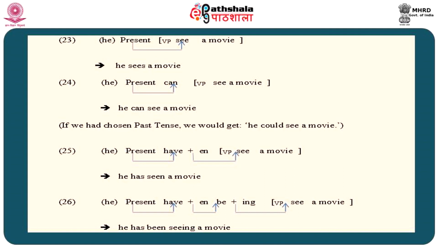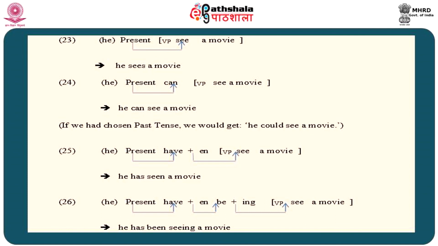Now if we choose tense and have n, we get a derivation like the following: 20. We can choose tense, have n and be ing, and get the following derivation.